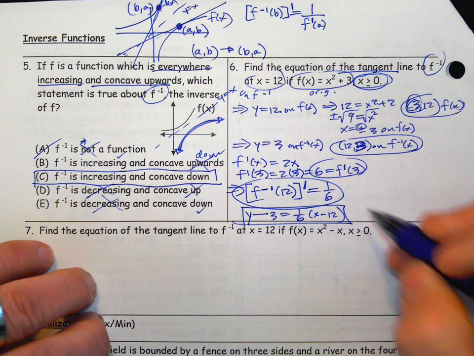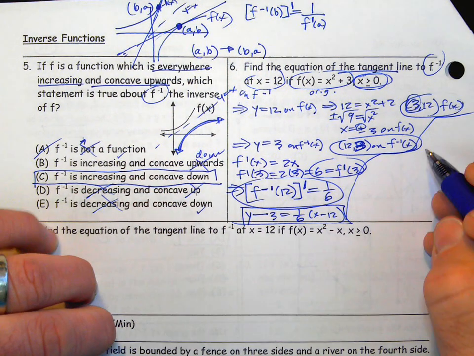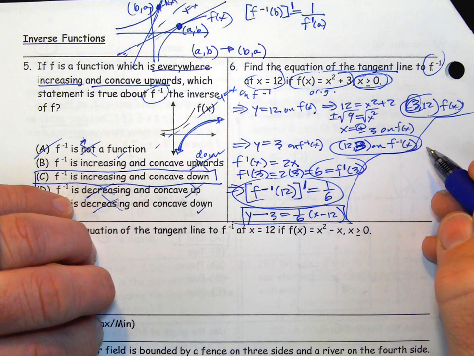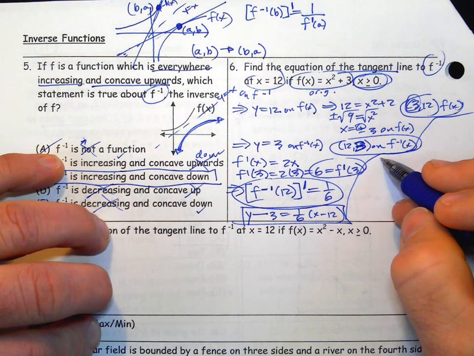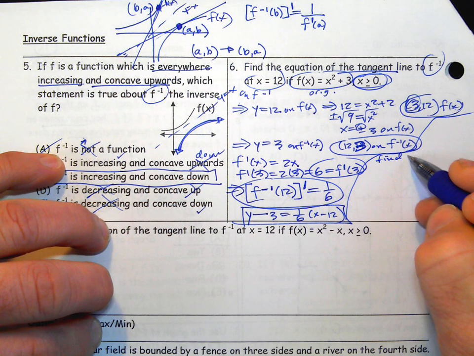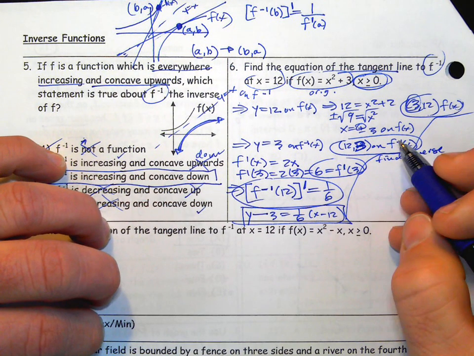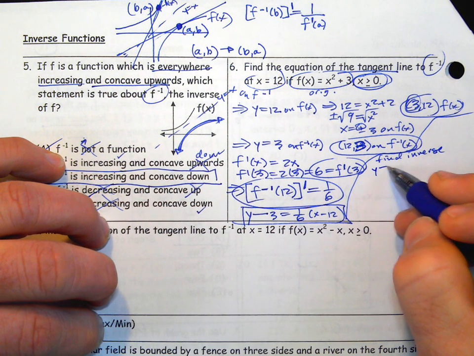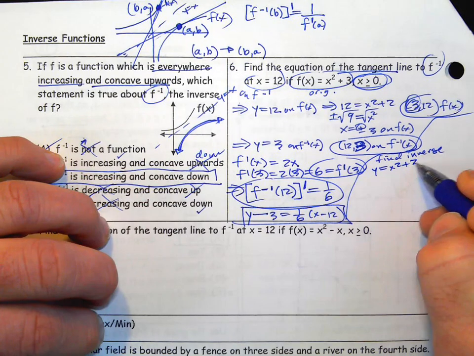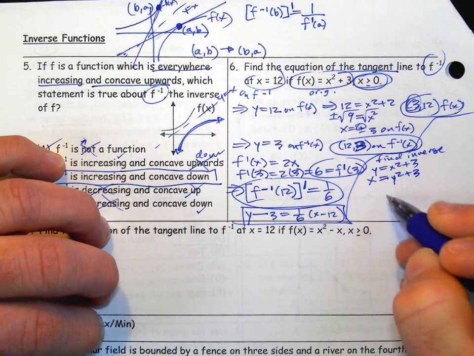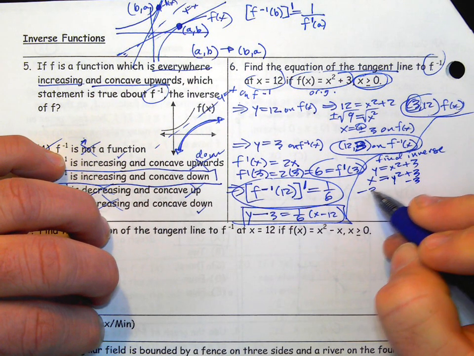The other way of doing it is generally going to be a lot more work, and just impossible sometimes. The other way is to actually find the inverse function. I call this the old school way, because you learned how to find inverse functions back in algebra. So you take your function and swap the x's and y's, and then solve for the new y.